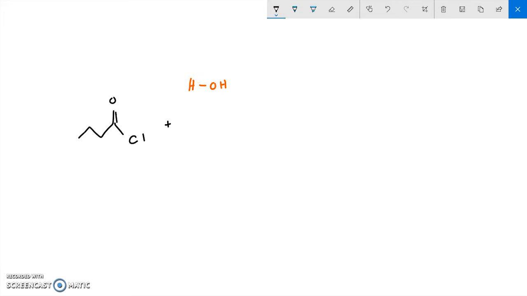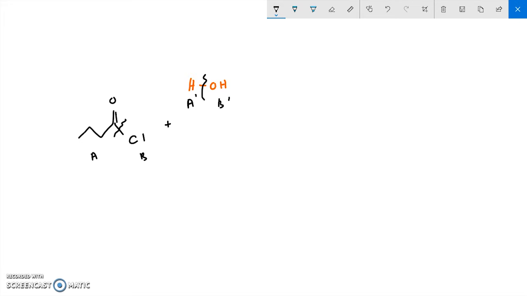For this structure, the A part belongs to the C double bond O with the alkyl attachment, meaning we divide the structure here and assign this as A, and the Cl becomes B. For the water, again we divide it into 2 parts, whereby the H will always become the A prime. The rest of the attachment will become B prime.